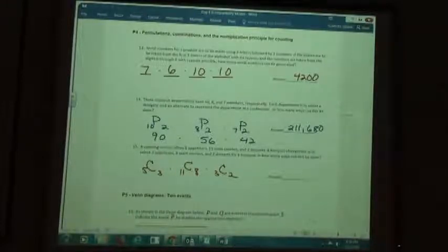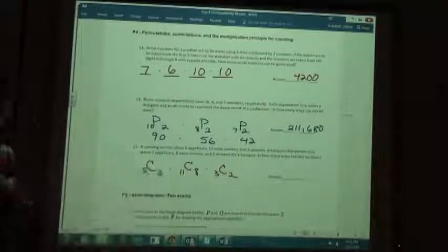Same thing as when you did permutations, only now we're going to choose number 3 to do a combination. So we're going to start by putting in the 5. Hit the math button, go to probability, choice number 3 for combinations, and then 3. And what do we get there for the first number? 10.